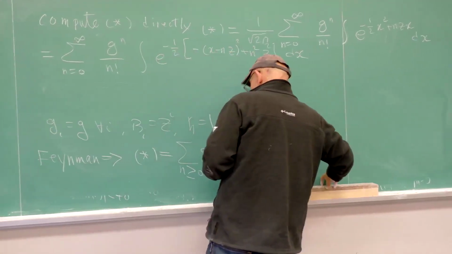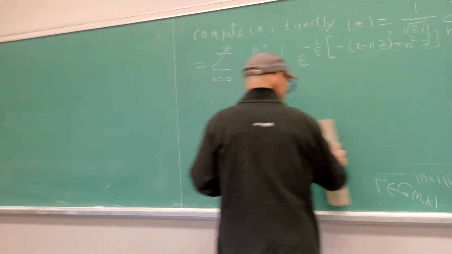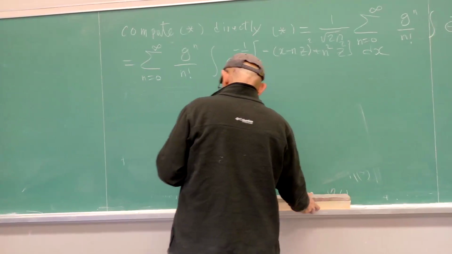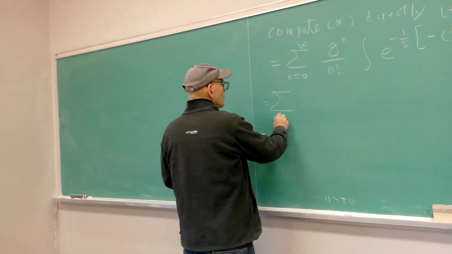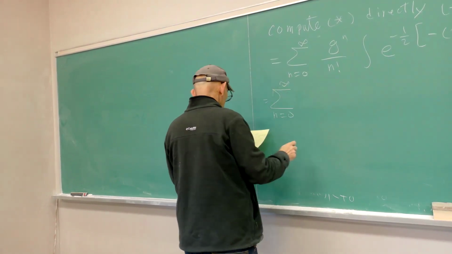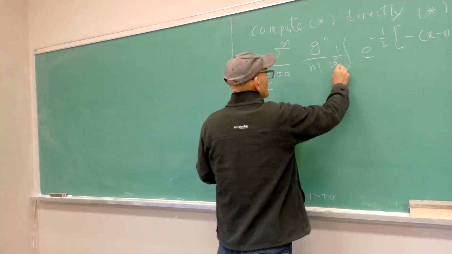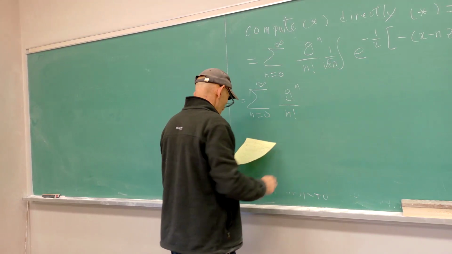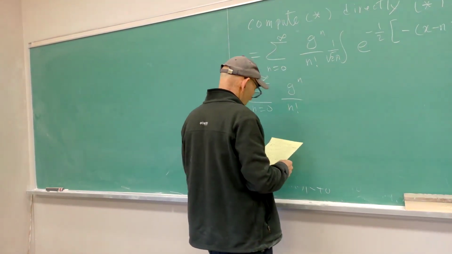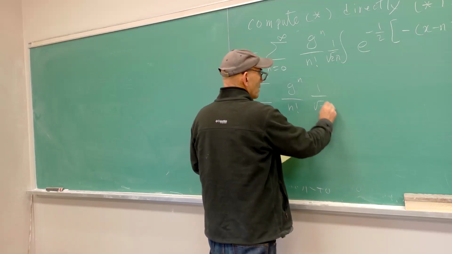And then this becomes equal to sigma n from 0 to infinity gn over n factorial, 1 over root 2 pi.